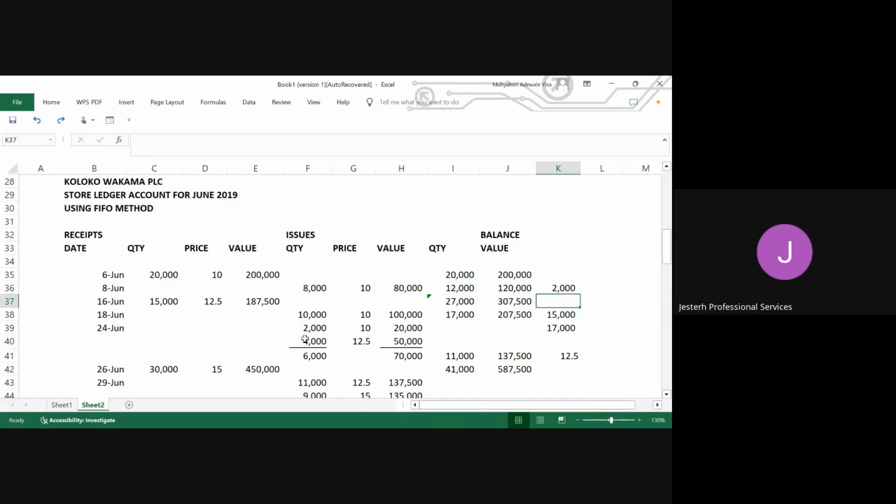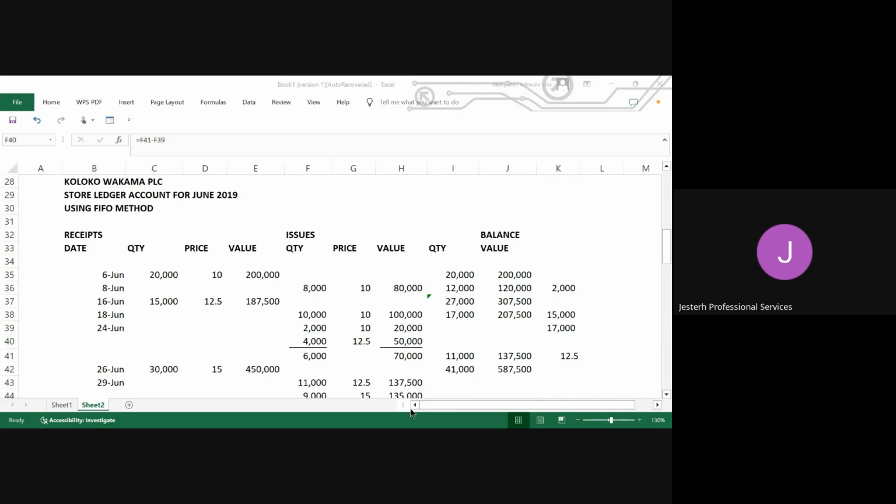It means the remaining 4,000 here now. This remaining 4,000 from these 6,000 that we are going to issue: the total of what they ask us to issue out minus the old stock that we issued out. It remains 4,000, and the new stock that we have now is 15,000.